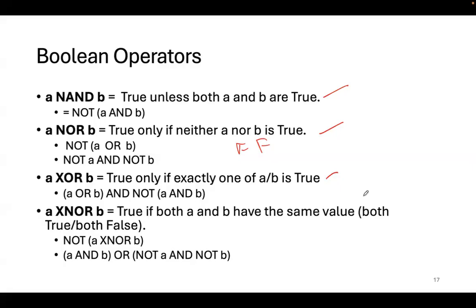But if we want that exclusivity, we need to use XOR, which is true if exactly one of those is true. And then XNOR is true only if both A and B have the same value. So only if they're both true or they're both false is it true.